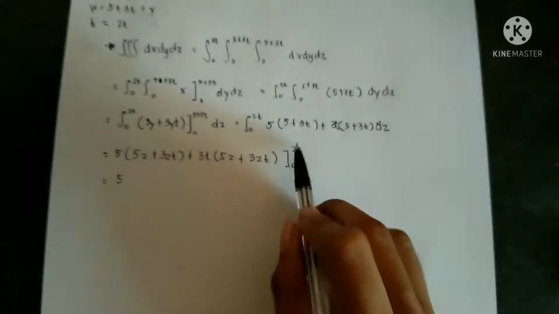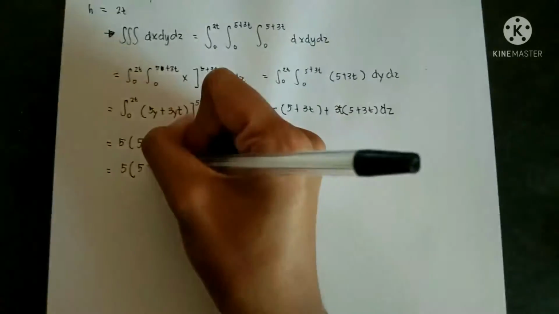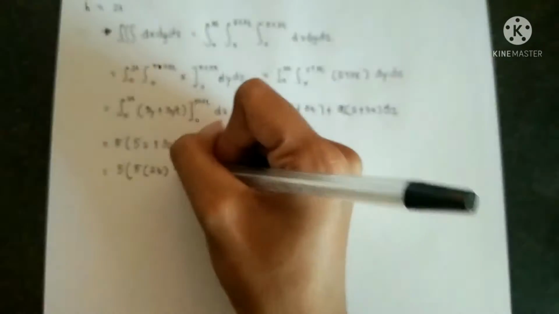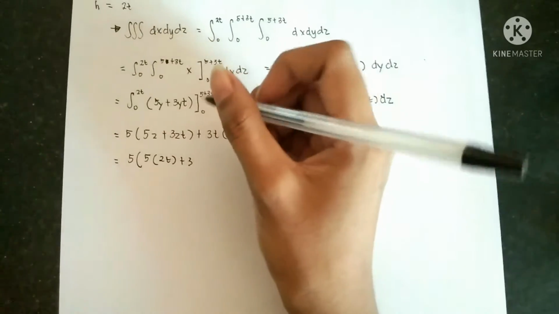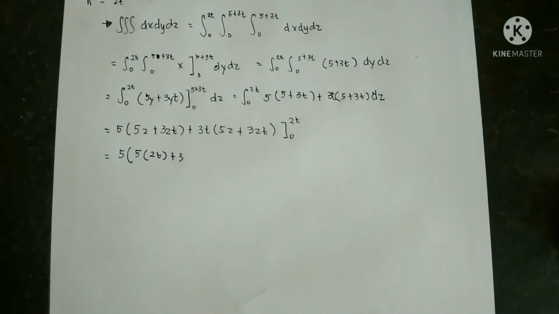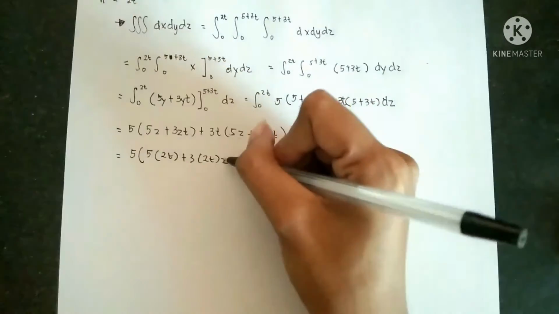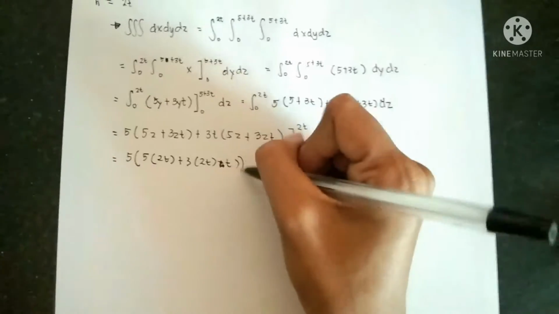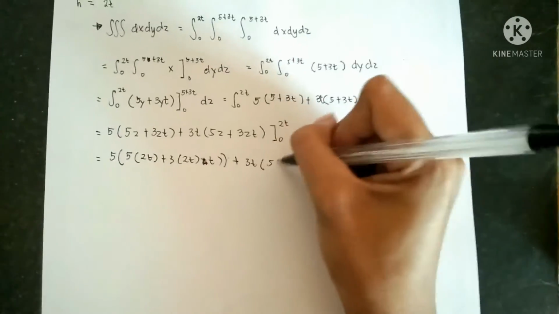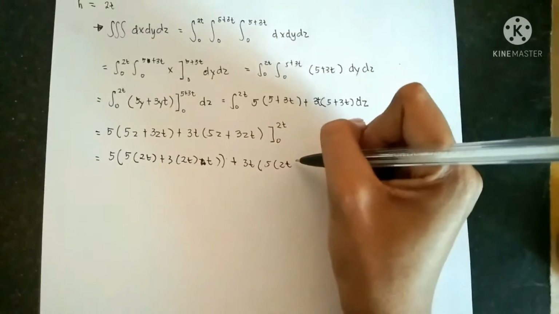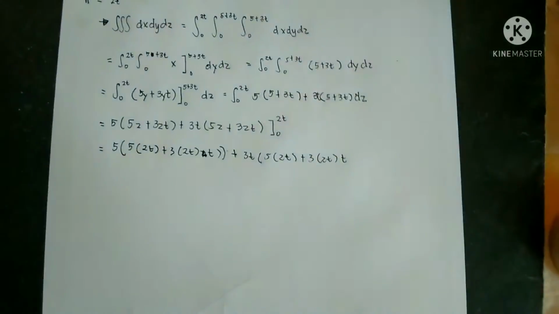Substitute natin itong lower and upper limit natin. So magiging 5 times 5 times 2t plus 3 times 2t times t, plus 3t times 5 times 2t plus 3 times 2t times t.